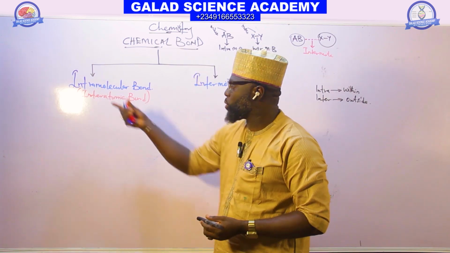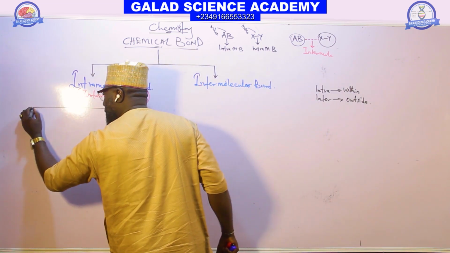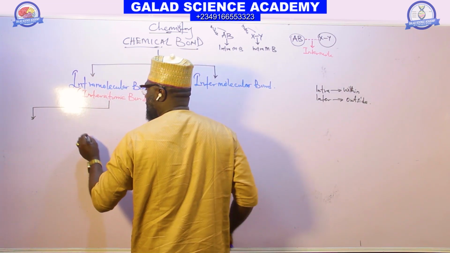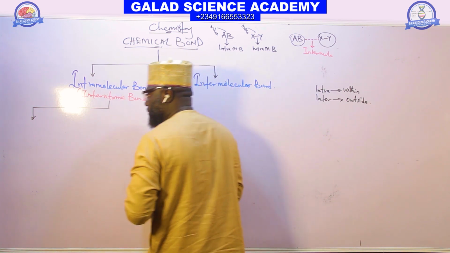And this intramolecular bond now splits into four parts. The first one we have is called ionic bond.